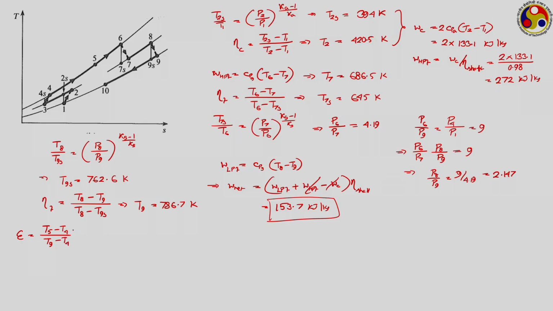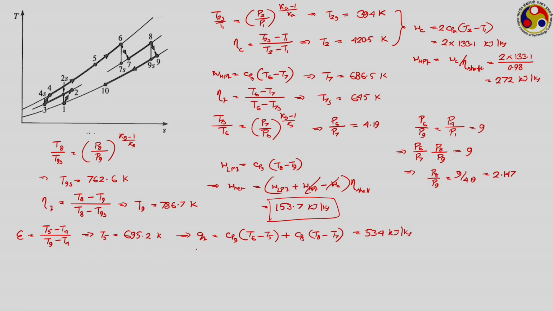So, from there we can get T5 to be equal to 695.2 Kelvin. So, Q in, then we are adding Cp for the gas in the combustion chamber as Cp into (T6 minus T5), and in the reheater Cp into (T8 minus T7), to be coming to be 534 kilojoule per kg.